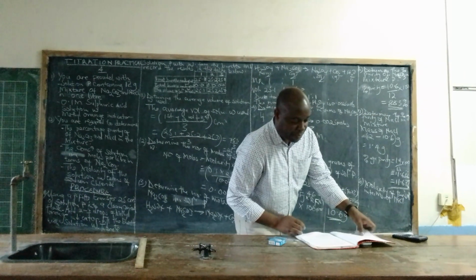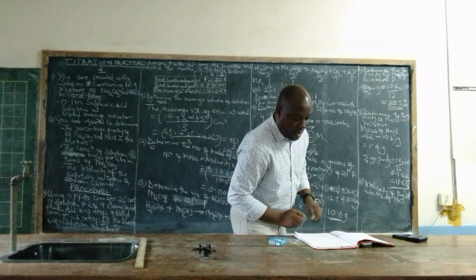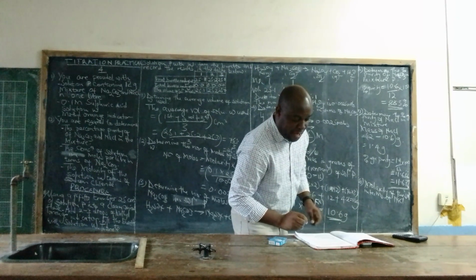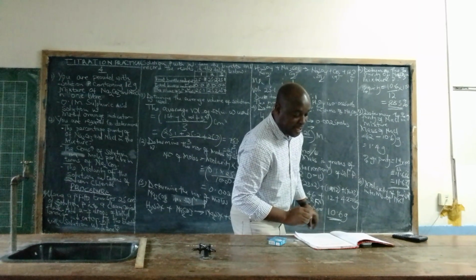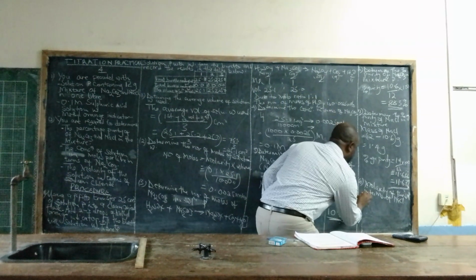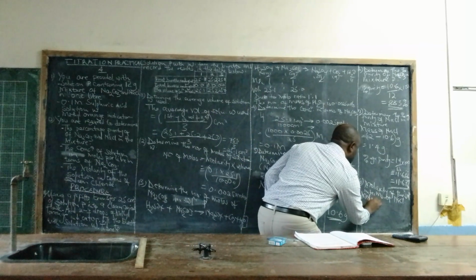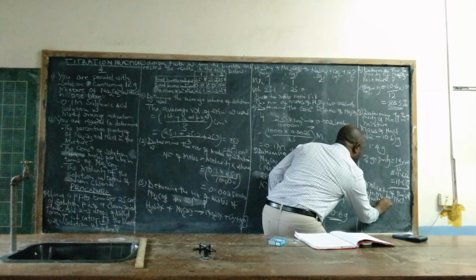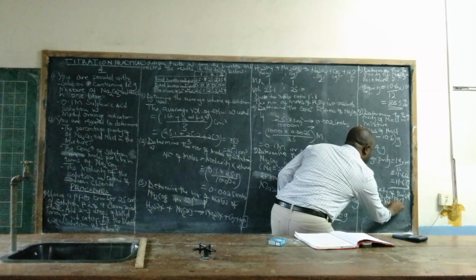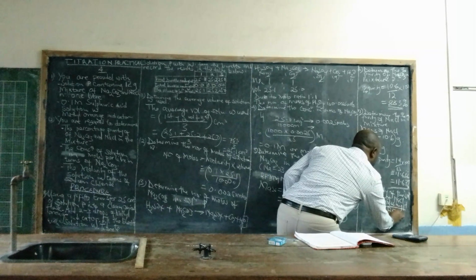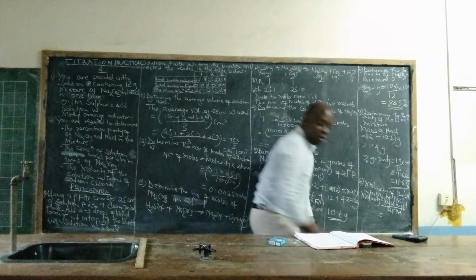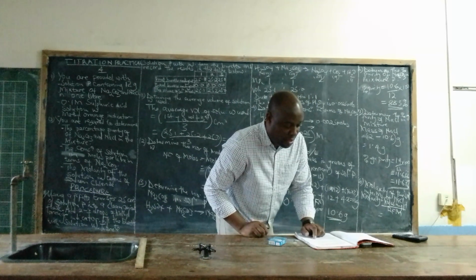So now we are going to get the molarity. It is always mass in grams per liter. Molarity is equal to mass in grams per liter divided by the RFM. So we are going to do a substitution.